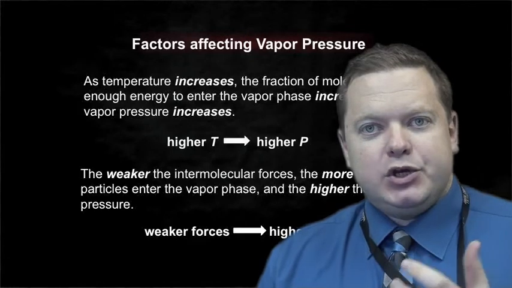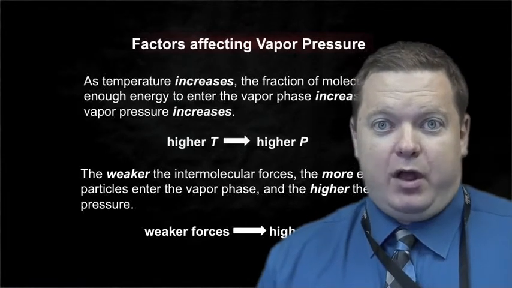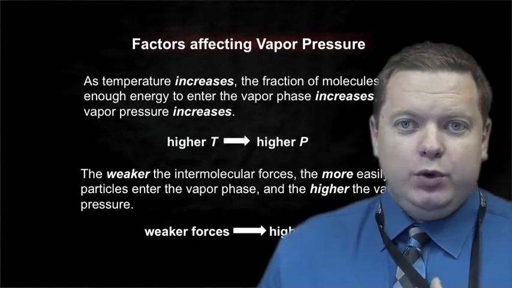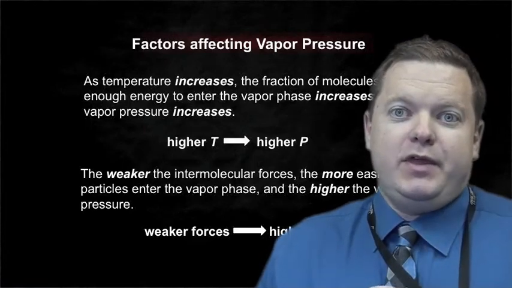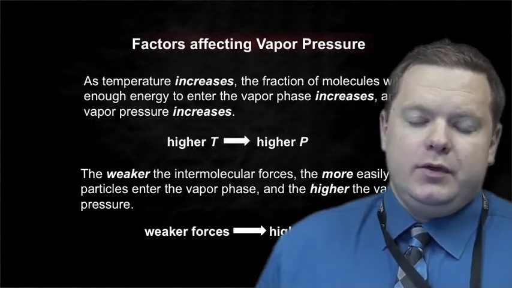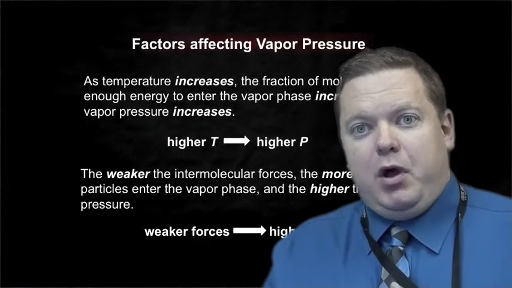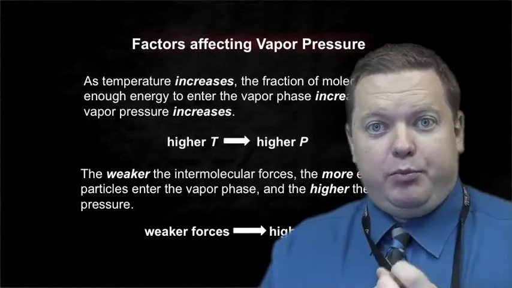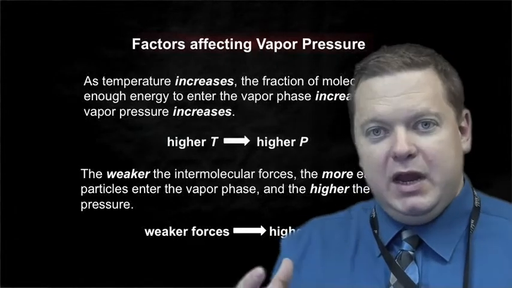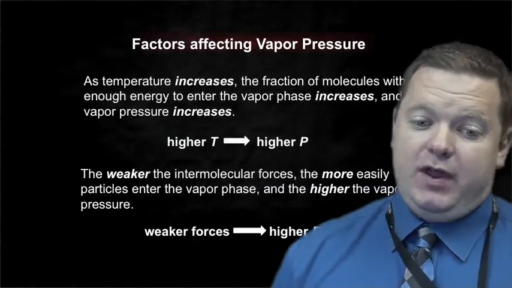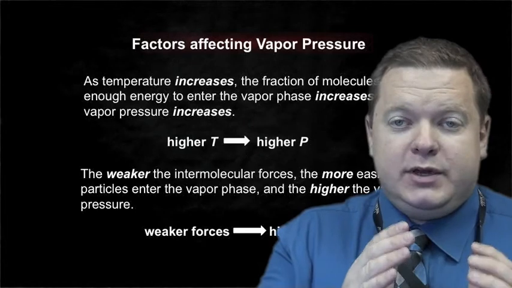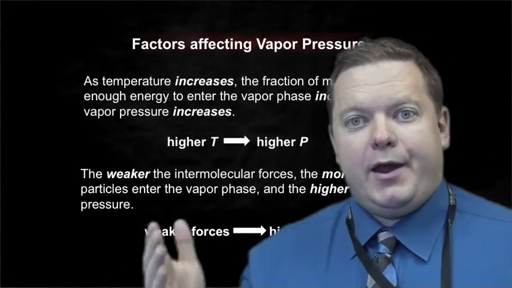So as the temperature increases, the molecules have a larger kinetic energy, which means that the possibility for them to overcome those intermolecular interactions becomes greater, which means those molecules are able to escape, break out of this bulk medium, and enter into the gas phase. So at higher temperature, we get a higher vapor pressure.